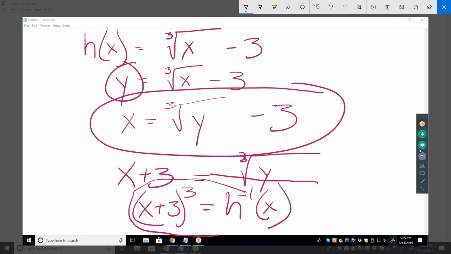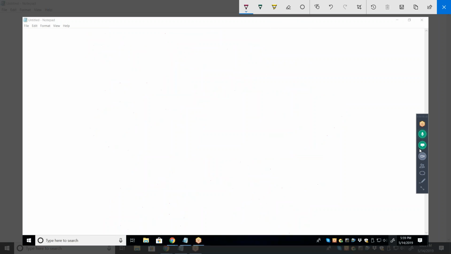There's the inverse right there. But usually, you can think of it as switch the variables and solve for y, always. And then whatever you get is the inverse function. So it's really h inverse of x.